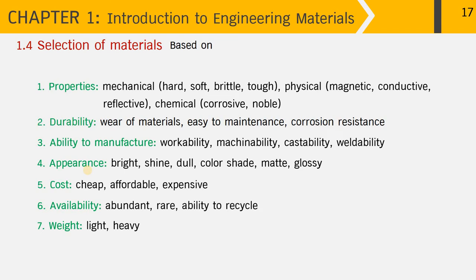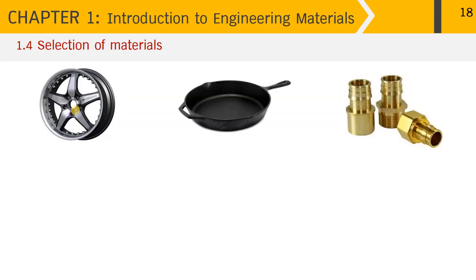And this depends on which one is the priority, either property or ability to manufacture. It depends on the customer or who wants to use the material for the application. And now, if you see these three examples of different components, can you guess which one may be made from which materials? The first one is the alloy wheel. The second one is the fire pan. And the third one is the fitting.